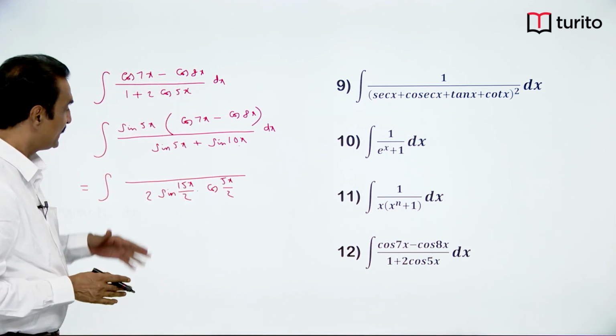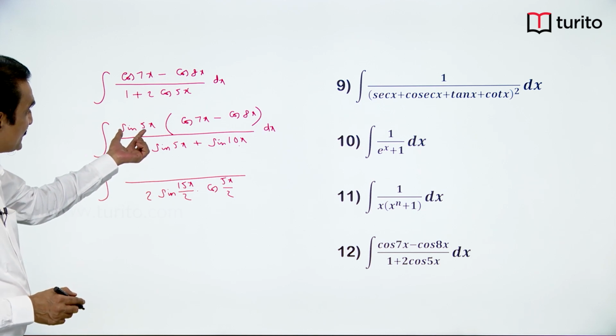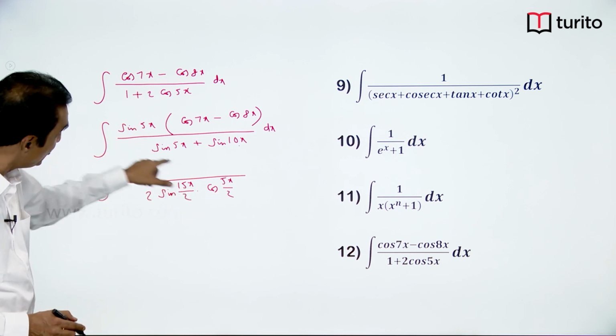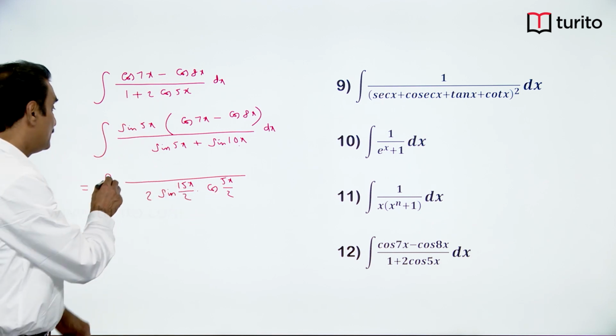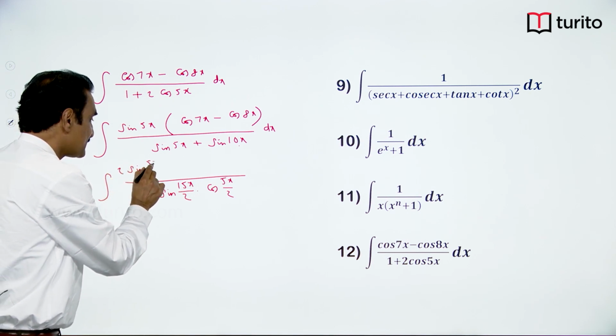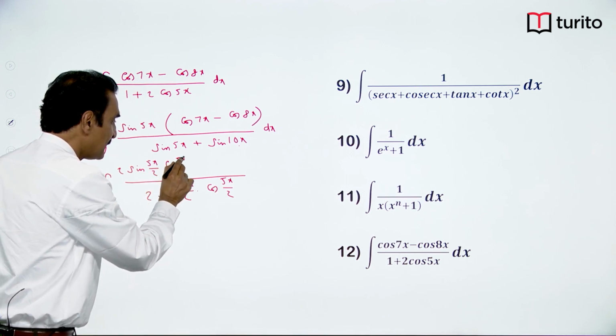Okay. Now numerator, we can write sin 5x as 2 sin 5x/2 cos 5x/2. After getting this term, we get that idea.